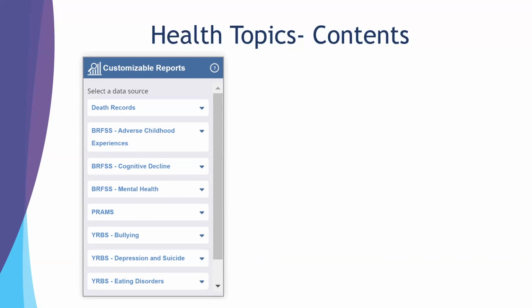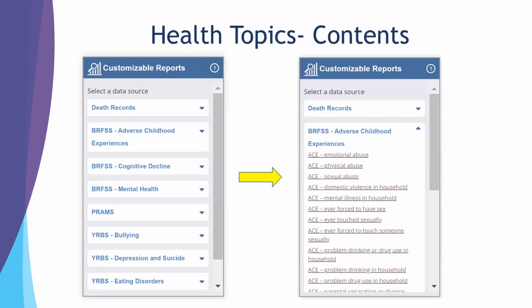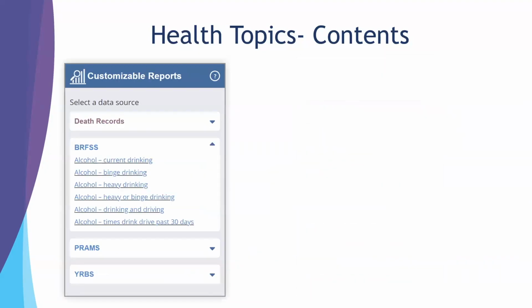Here we can see the options available for the mental health topic area. As you can see, indicators have been categorized by topic area, such as adverse childhood experiences and cognitive decline. If you click on the arrow to the right of the category, the window expands to show you the specific indicators in that category.